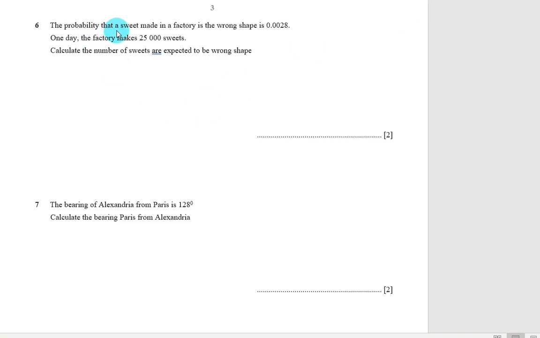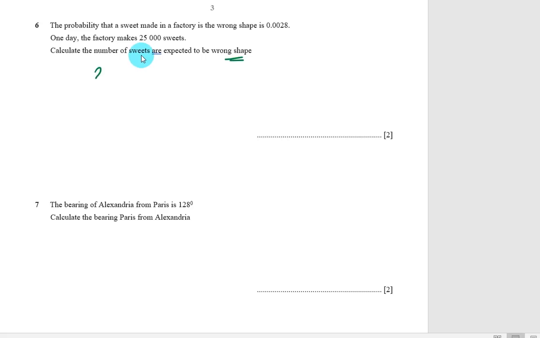The probability that a sweet made in a factory is the wrong shape is 0.0028. One day the factory makes 25,000 sweets. Calculate the number of sweets expected to be the wrong shape.